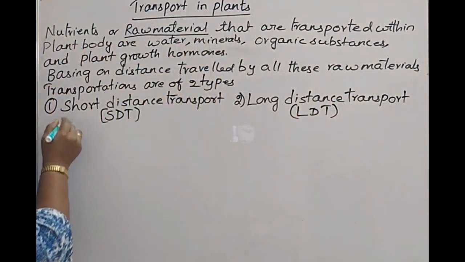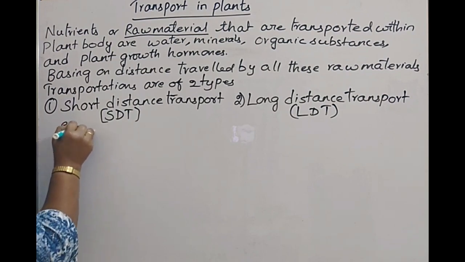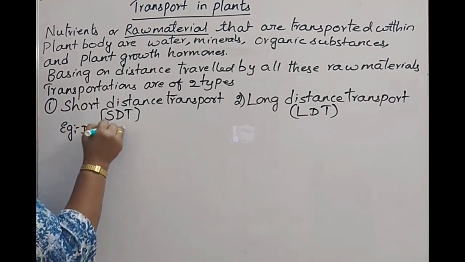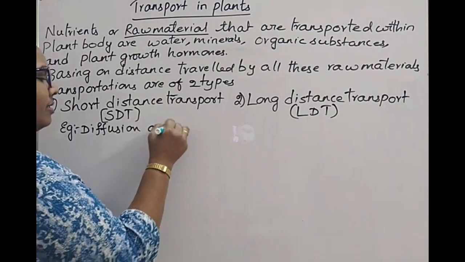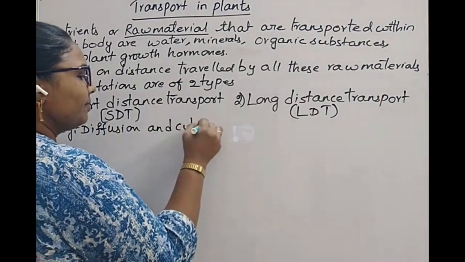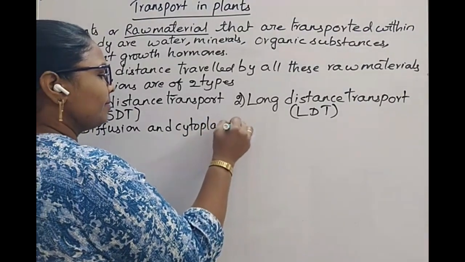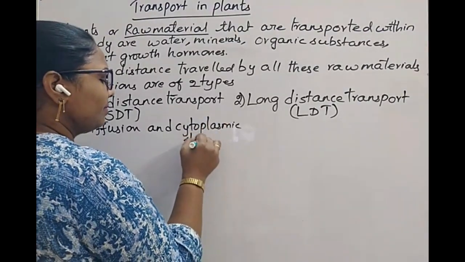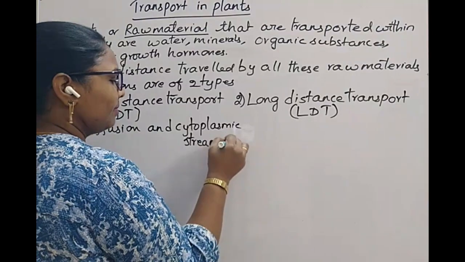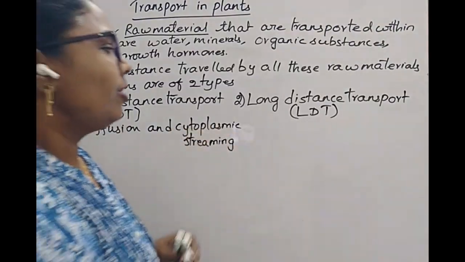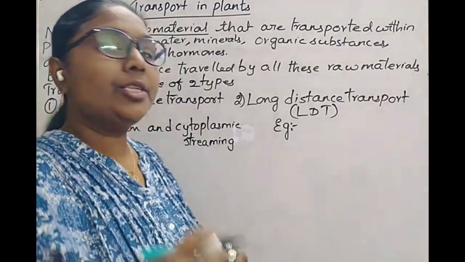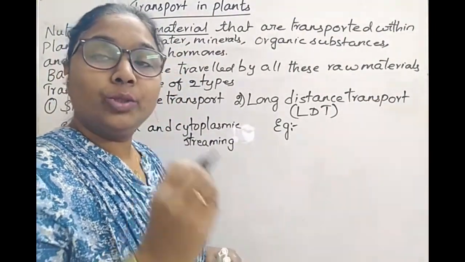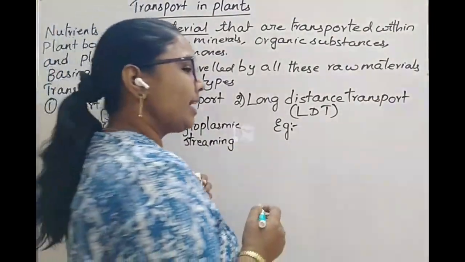Under short distance transport, we can give examples like diffusion and cytoplasmic streaming. Under long distance transport, we can give examples like transportation of water and nutrients through vascular tissues, that is xylem and phloem.